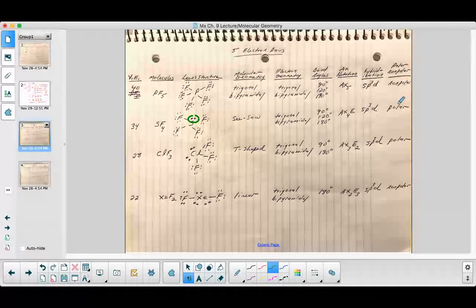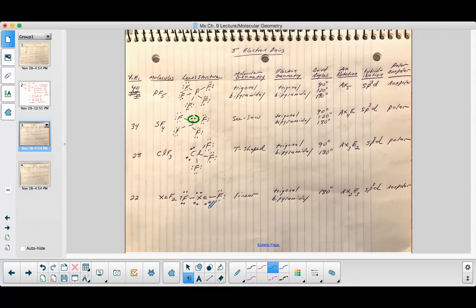And then the polarity is based, again, on the symmetry of the molecule. How evenly is everything spread around the molecule? The first one's nonpolar, the last one's nonpolar.